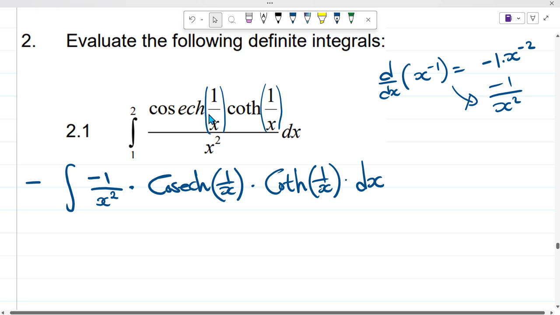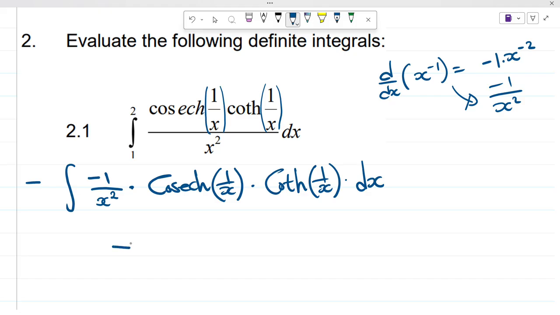So whenever we differentiate and we get it being positive, we know that it is negative hyperbolic cosec that was differentiated. So the answer for this is just going to be negative hyperbolic cosec of that argument plus c. But I shouldn't forget whatever is outside the integral to come with me to the answer.